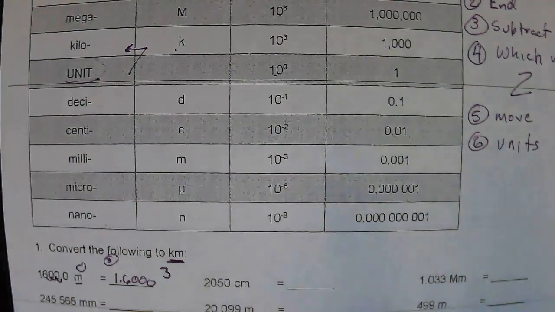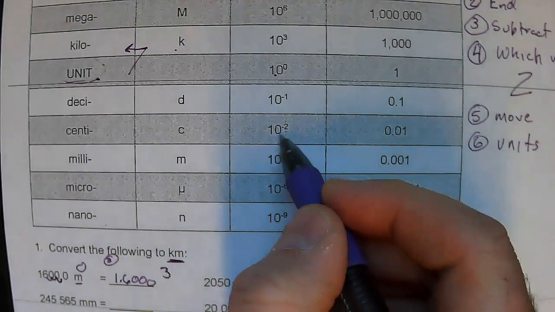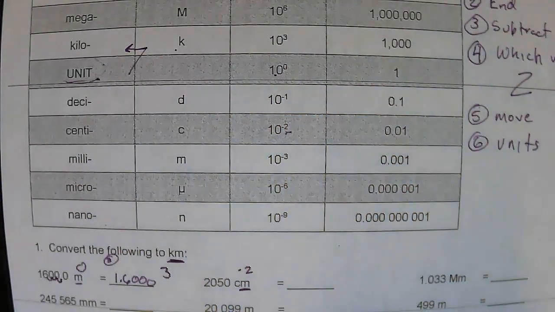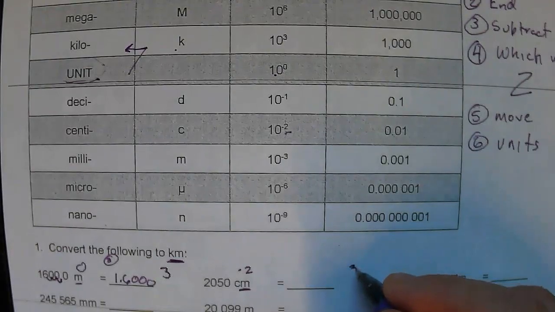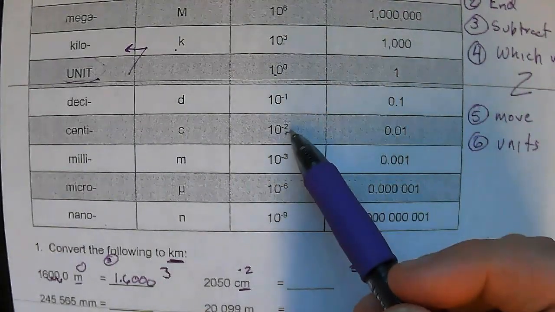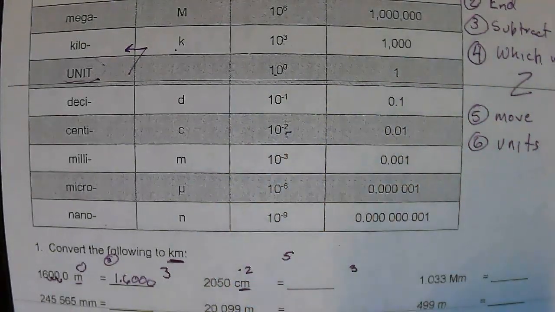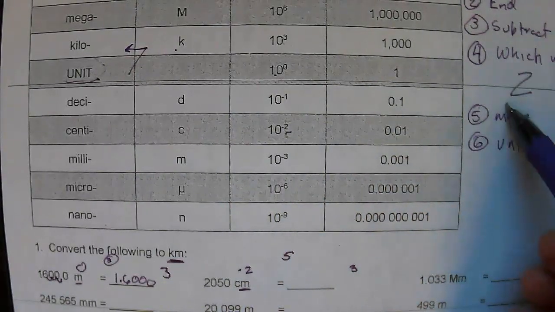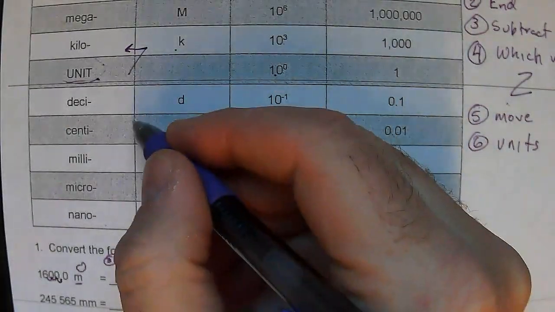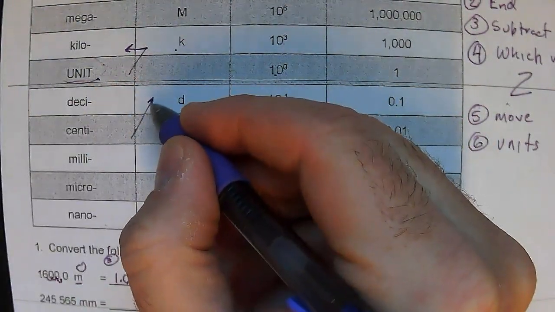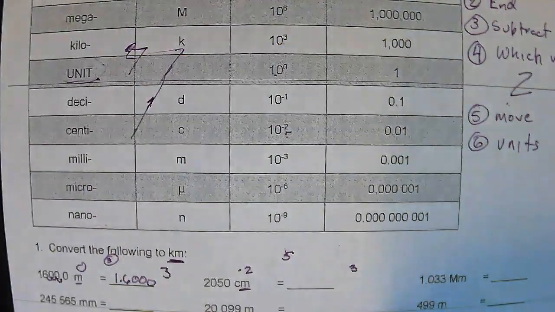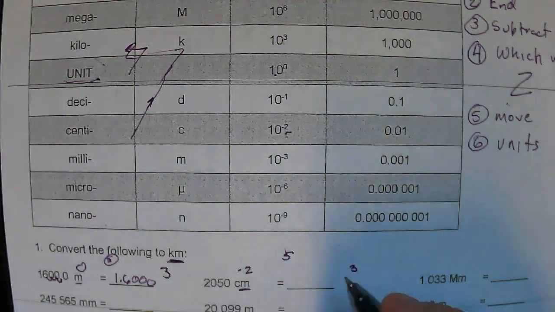Now we're going to go from centimeters to kilometers. So centimeters is here. That's -2. I'll write that over. And then kilometers is still 3, right? So we're going from -2 to 3, and the difference is 5. Now we figure out which way to go. Again, we're going up to kilometers, so we move the decimal point to the left.